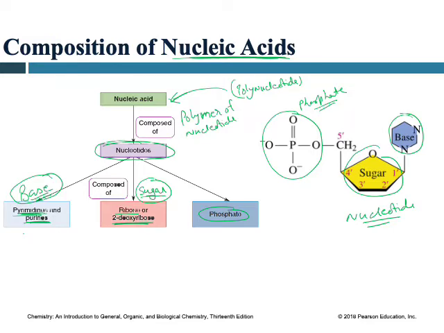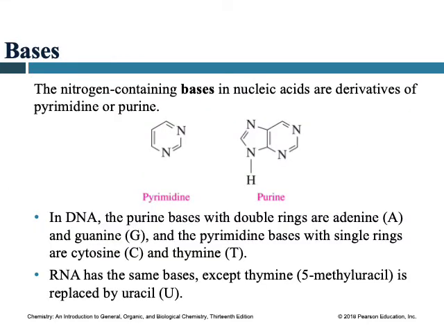Now let's talk about each of them separately. Let's talk about bases first. Bases are the nitrogen-containing compounds in nucleic acid, and they are of two types, pyrimidines and purines. This is the structure of a pyrimidine, a nitrogen-containing compound.